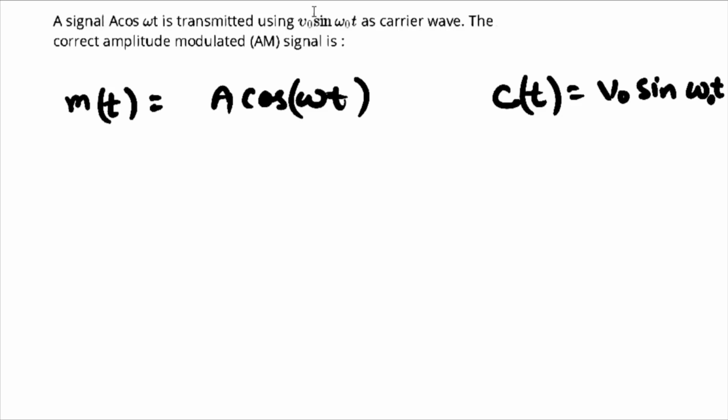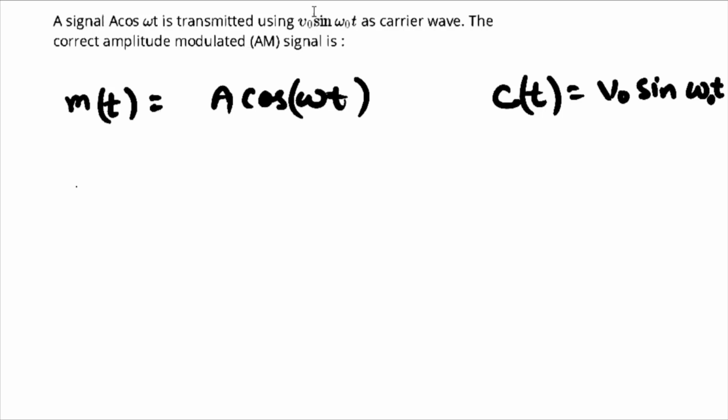So the carrier wave actually carries the message signal, and thus when the message signal is sent through any carrier wave, the message signal is basically added to the amplitude of the carrier wave. So we can see here the final signal which will be sent with the carrier wave.